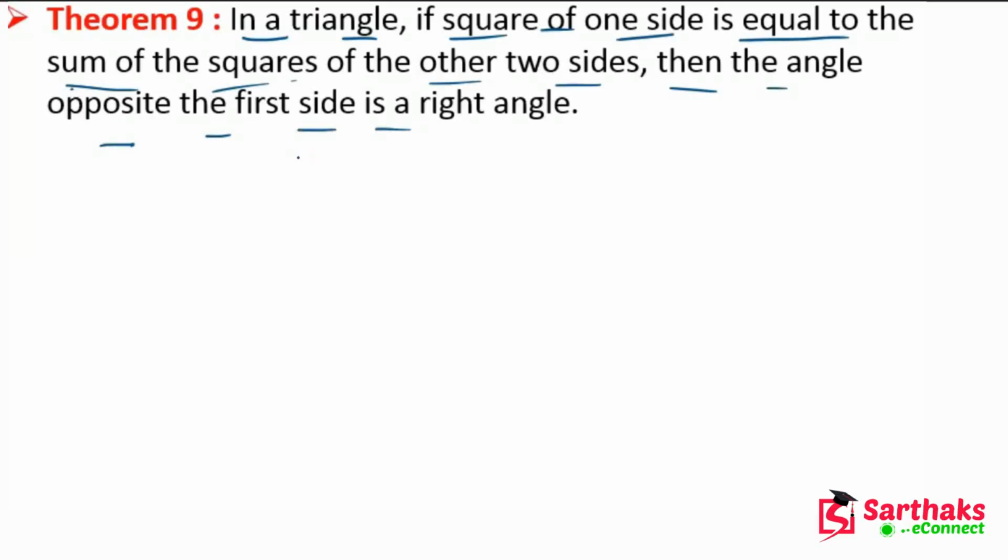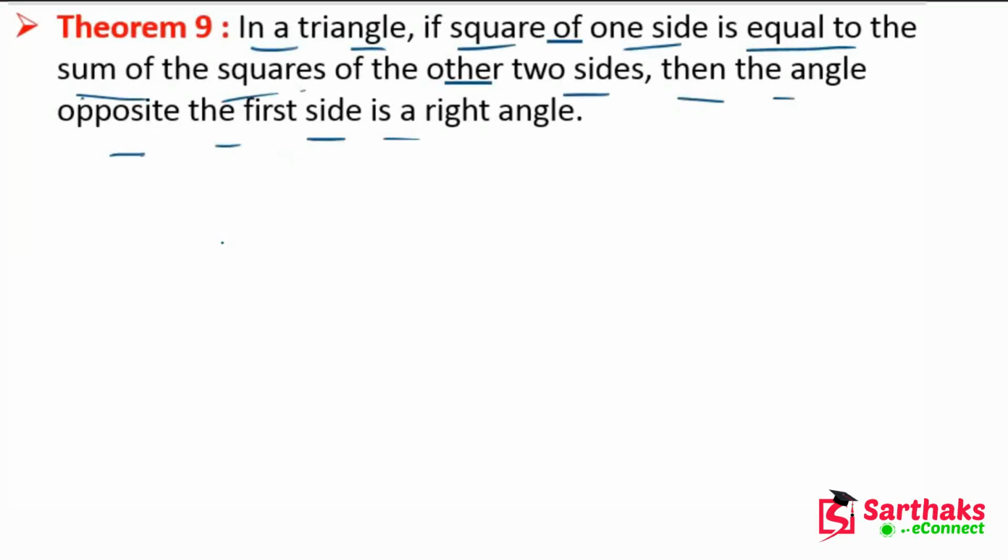This statement is basically the converse of the above statement. So my dear friends, according to this statement, let's suppose we have a right triangle like this. This is our right triangle, A, B and C. I hope you get this point.